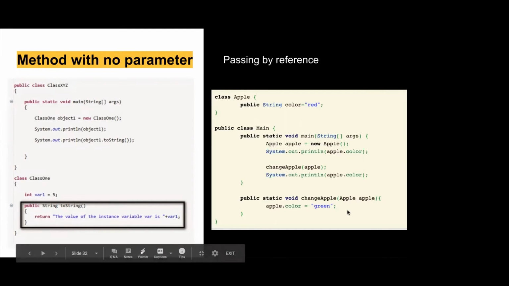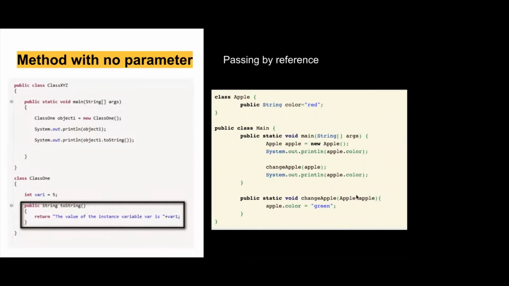It's a little bit confusing, but the apple inside of this parenthesis will have the same reference as the apple that is passed into this changeApple method. So in this case, it will create an apple object and pass the reference, which is the address of the apple object, into this changeApple method.